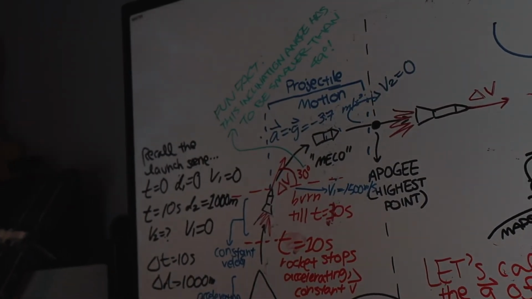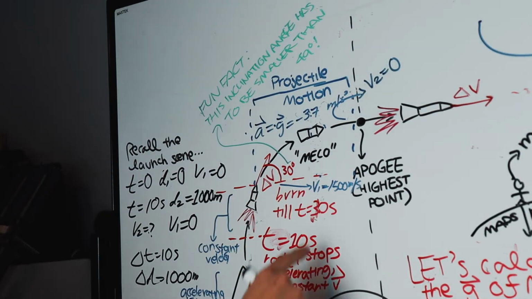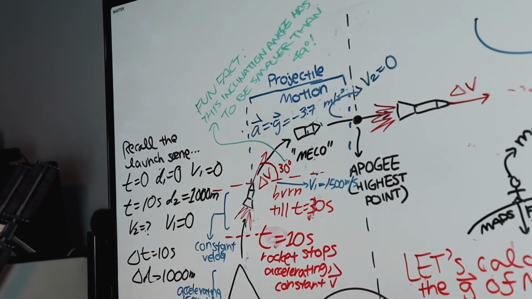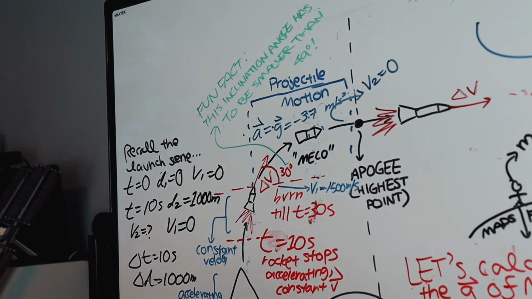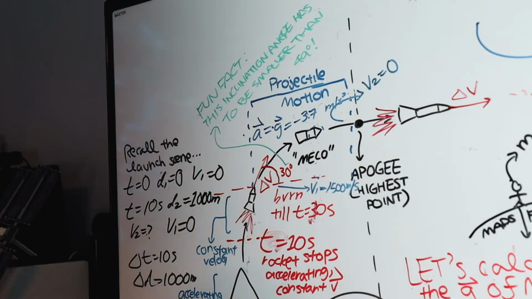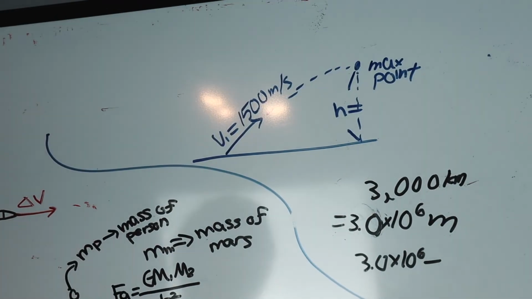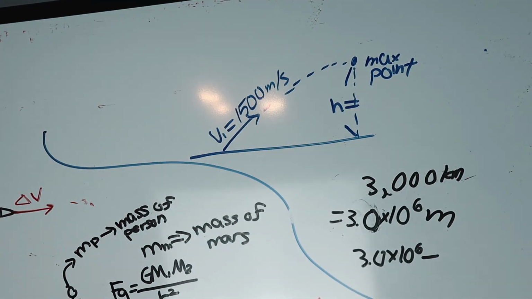And to recall, as you can see, free fall only happens after 30 seconds after the launch. Between 10 seconds and 30 seconds is constant velocity. Before 10 seconds, the rocket accelerates at a rate of 150 meters per second squared. So that's the things we already have. All right, so we do not know the displacement.